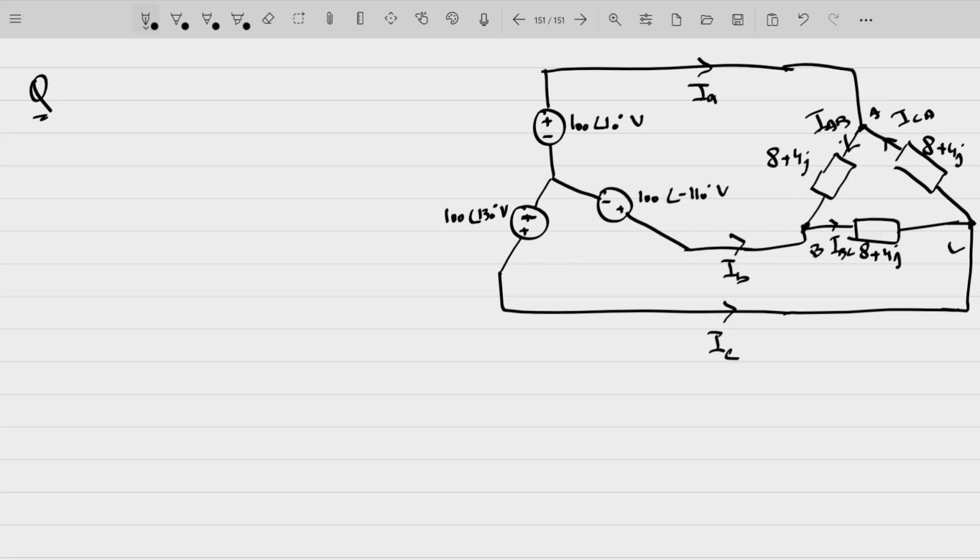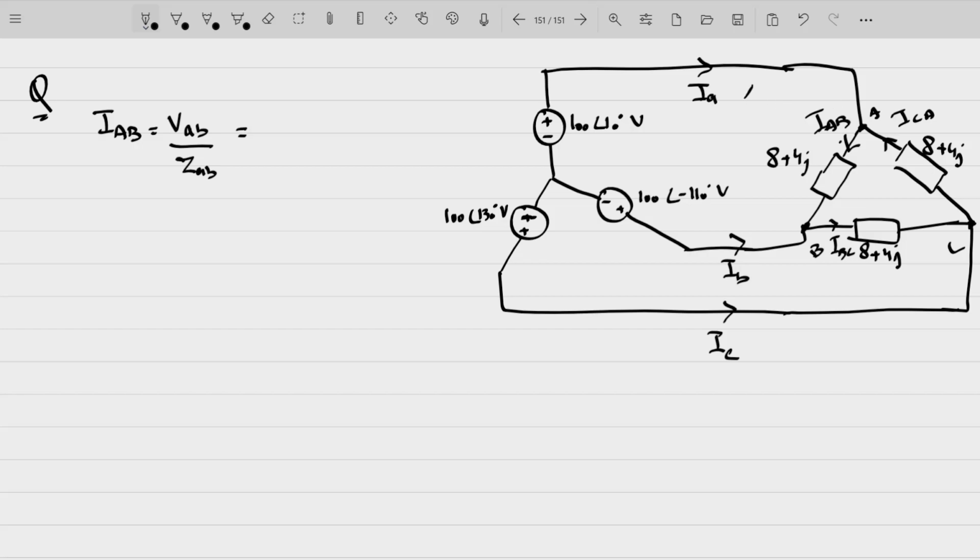You have to calculate these different values. So IAB is equal to what? It is equal to VAB divided by ZAB, where VAB is the line voltage and not the phase voltage.